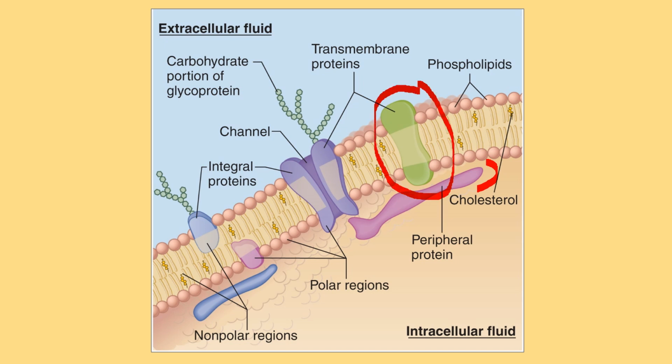They go all the way through. Some membrane proteins are glycolipids or glycoproteins, so they're part carbohydrate and part protein in this example. And we will talk a lot about transmembrane proteins that increase the permeability of the plasma membrane by forming pores or channels that allow materials to pass through.